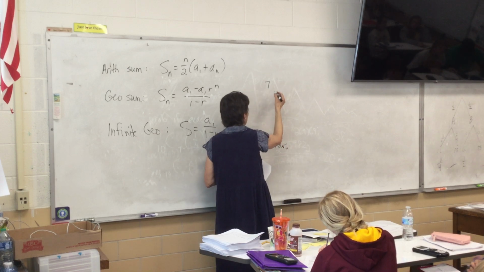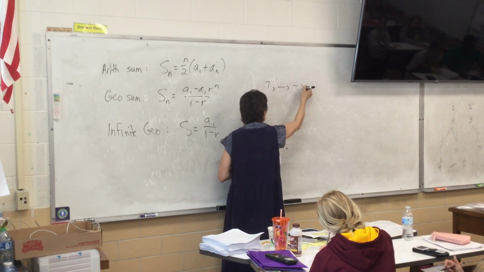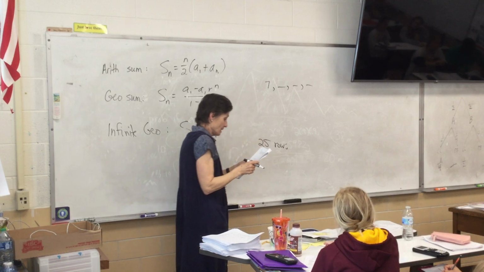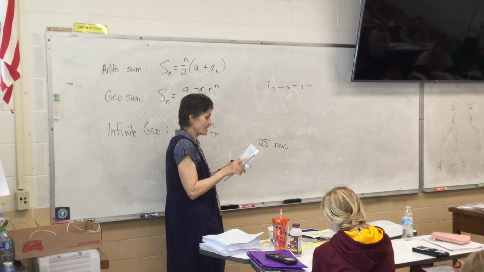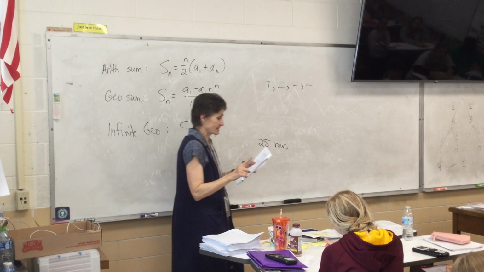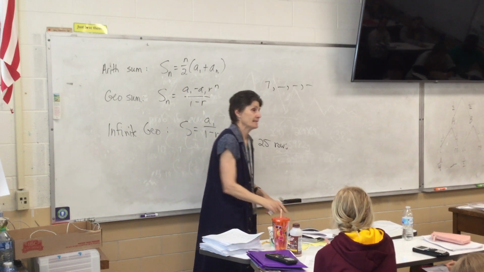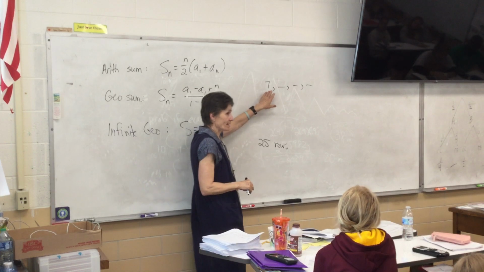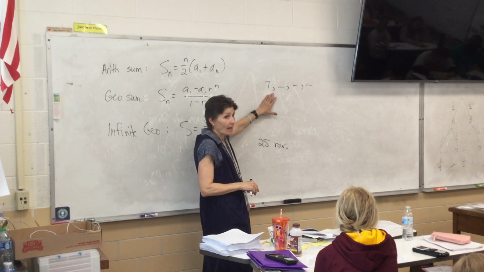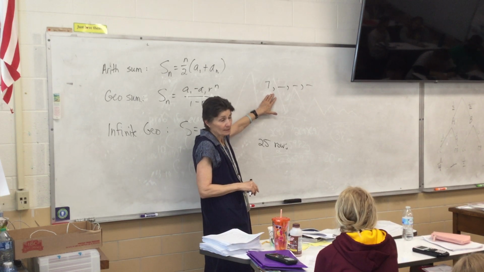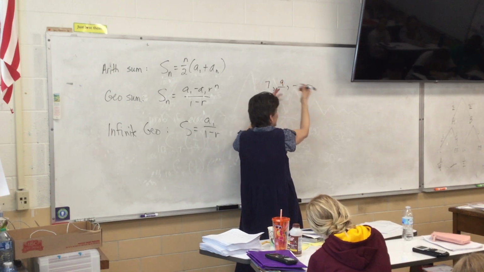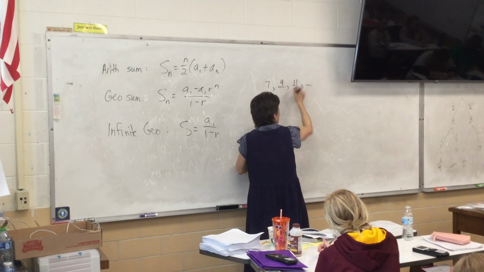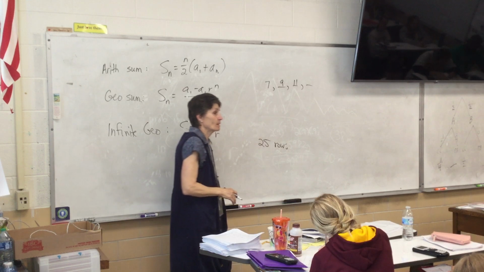Okay, so here's the first row, and we have a second row, and third row, and fourth row, and so on. Each row contains 2 more seats than the row preceding it. So if the first row has 7, how many does the second row have? 9. And then the next row would have 11, and so on.